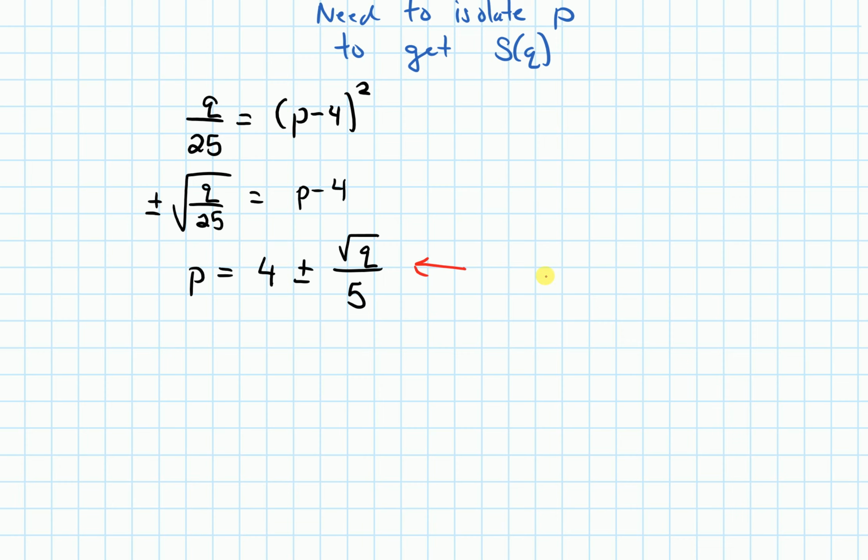It turns out that we can't have the negative square root. So using our knowledge of supply equations, because this is an equation for a supply function, the reason why I can't have the negative square root is since supply must be increasing.